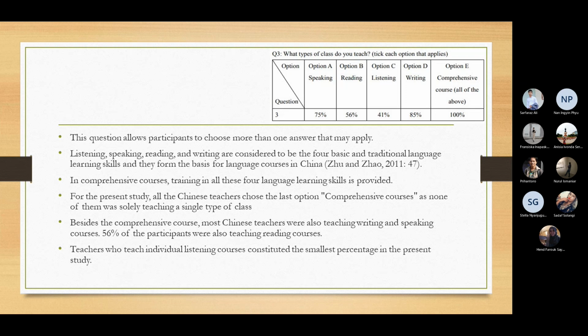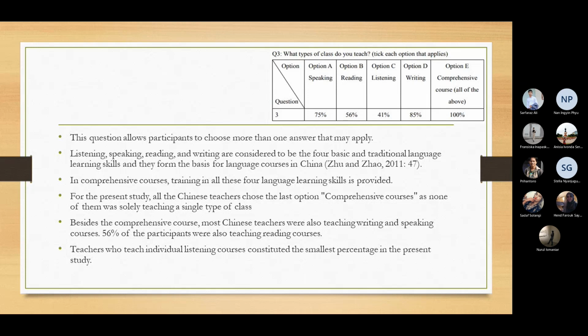All of these 4 skills are stressed. So in the comprehensive courses, training in all four language learning skills is provided to all those teachers. For the present study, all of those Chinese teachers chose the last option, meaning they went through the comprehensive courses, which were related to listening, speaking, reading, and writing skills.